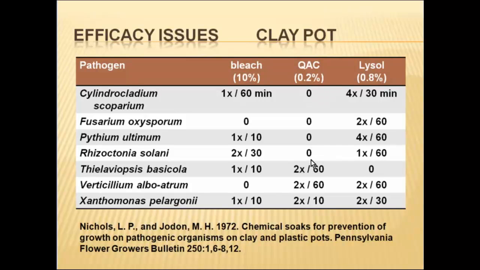Now, the way they reported this is either they got 100% or didn't. I'm sure there was a reduction, but they didn't report it in that way, so I can't show that type of data. Lysol actually was fairly effective on the clay, but it still took 2 to 4 times the rate, and it most of the time took a fairly long contact time.